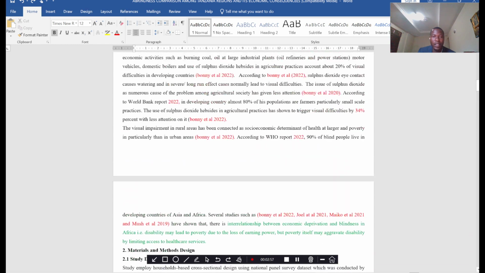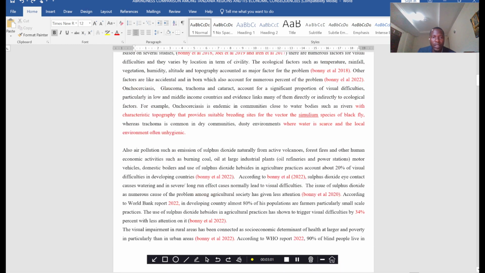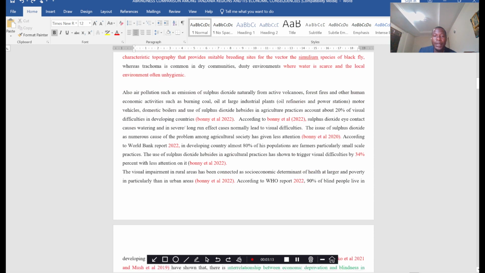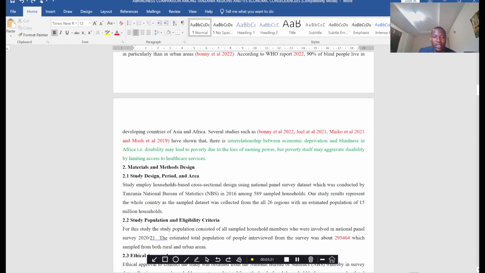Here you can see that I can lead a bit on some areas where we can find out how we can move on. We need to look at the different possible situations which could lead to people's blindness in a given society.